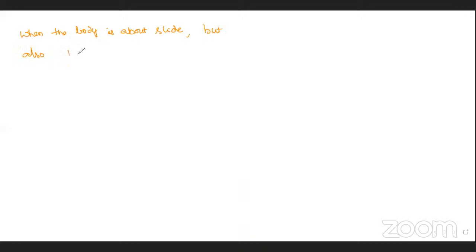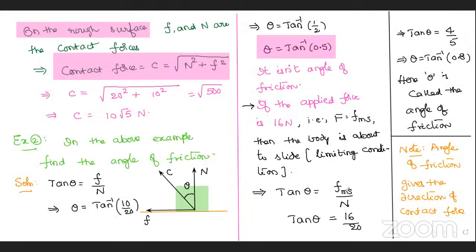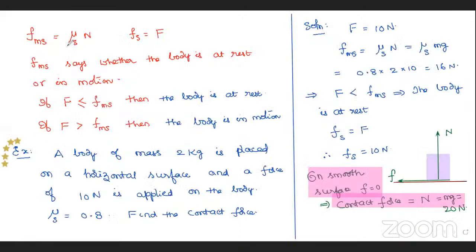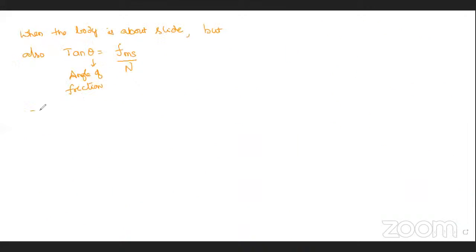Check there, tan theta is equal to Fms by N, if theta is the angle of friction. So at that time, this theta is called the angle of friction, Fms by N. To find out Fms, check back, what is the formula? Mu s into N. So if I substitute in place of Fms here, tan theta, the angle of friction, is equal to mu s into N by N. How much am I getting here?